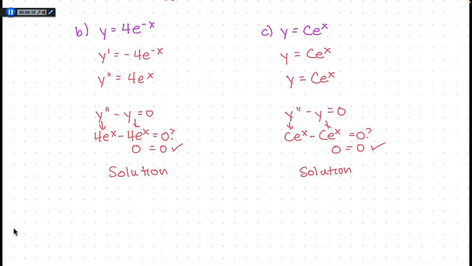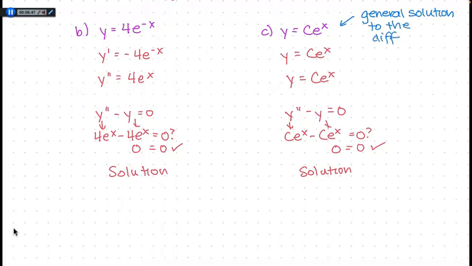So that's what it means to be a solution to a differential equation. And then we actually have two different types of solutions on here. One solution is where you have that arbitrary constant still in there. So for C specifically, this is a general solution to the differential equation.